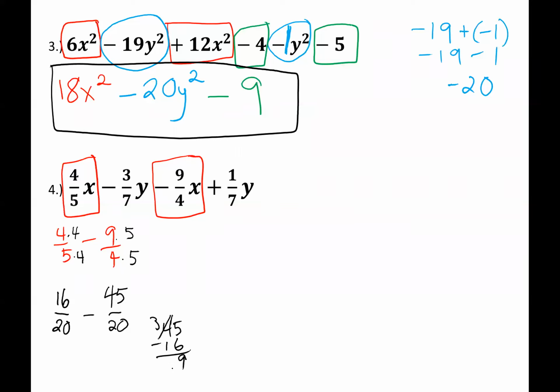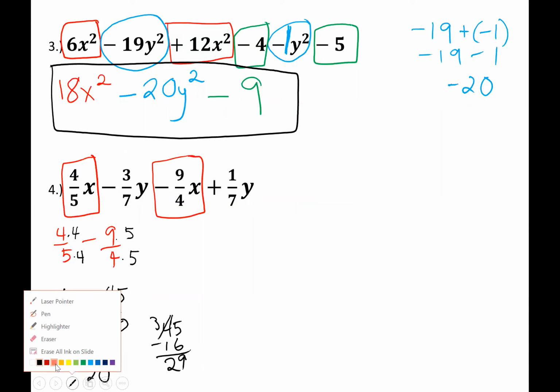And I'm getting 29, but the bigger number is really the one being subtracted, so this is becoming negative. So this fraction ends up being negative 29 over 20. And by now I've almost forgotten that there was an x here the whole time. So really all of that work was just to get the first half of my answer, which is negative 29/20 x.